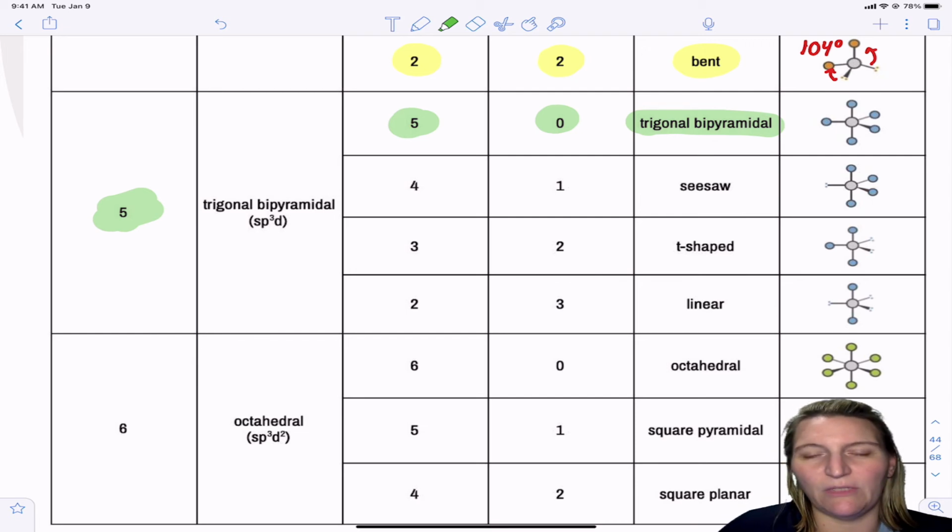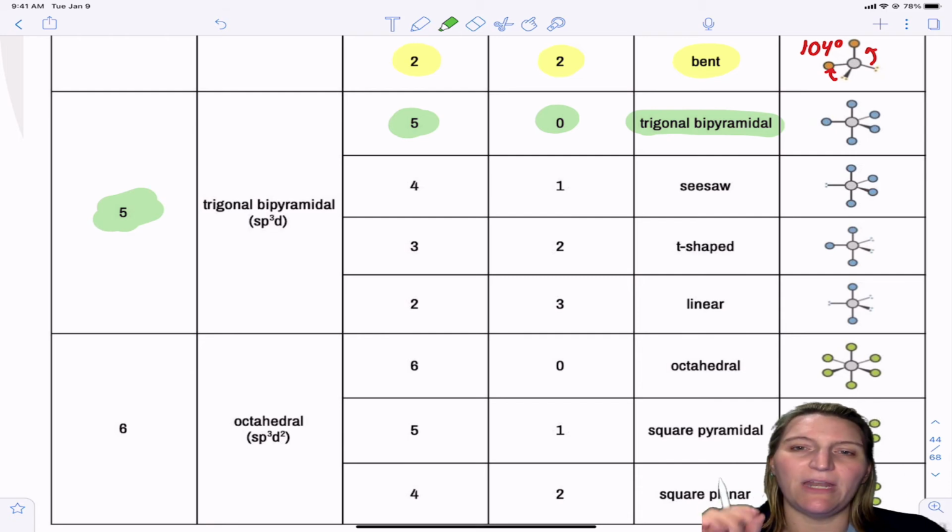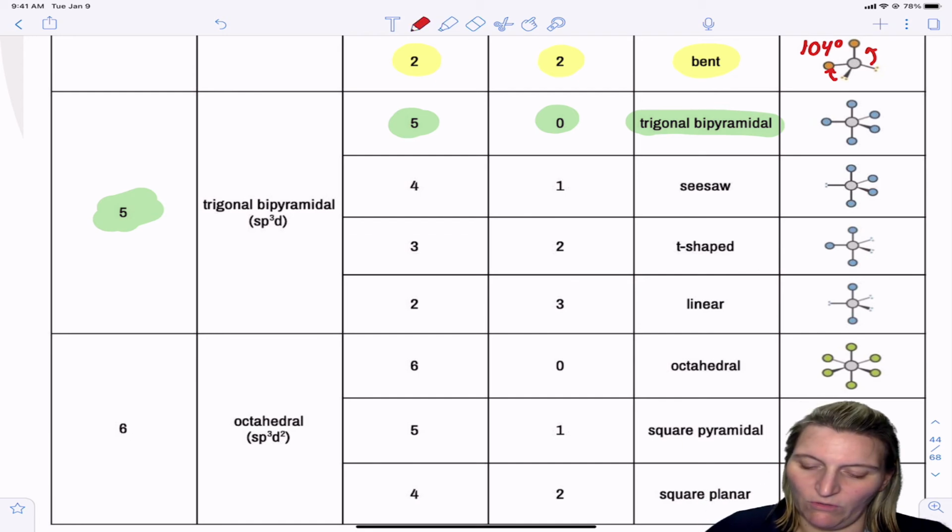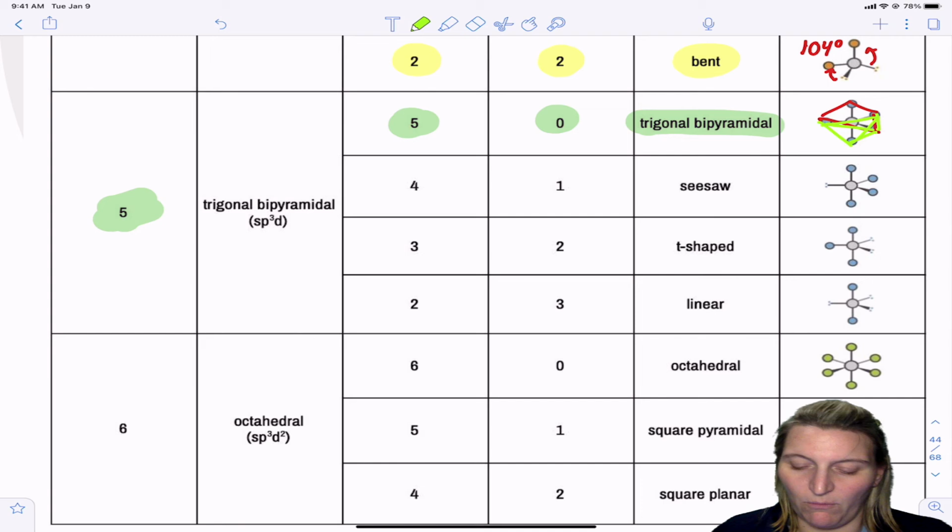Again, you will see this better in 3 dimensions, but the name comes from the fact that there are 2 pyramids on the top and the bottom, and each pyramid has 3 sides. So you can kind of see that one pyramid would be connecting those guys, and then the other pyramid would be those 3 and the bottom one. Okay, so that's trigonal bipyramidal.